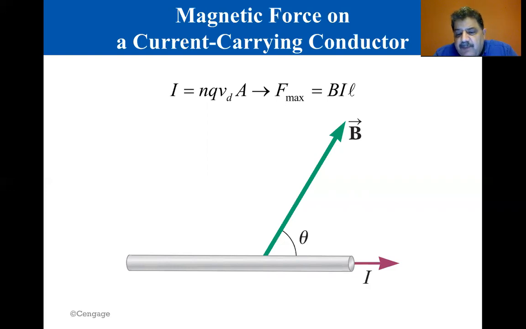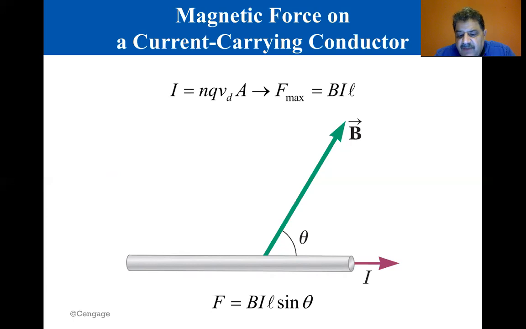If the wire is not perpendicular to the field, but is at some arbitrary angle, as in the figure, the magnitude of the magnetic force on the wire is given here. F equals BIL sine theta, where theta is the angle between B and the direction of the current. The direction of this force can be obtained by use of right-hand rule number 1.